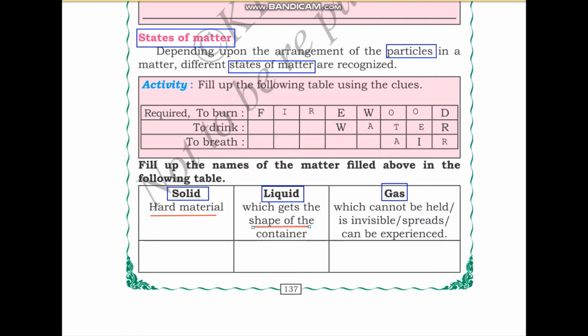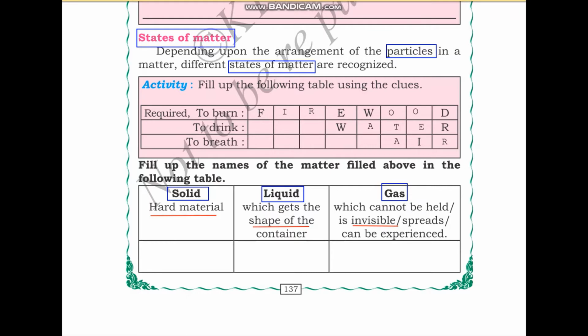Gases are those which cannot be held, are invisible, and spread. Also, they can be experienced. Based on these characteristics, let us classify the three parts of the table into solid, liquid or gas.